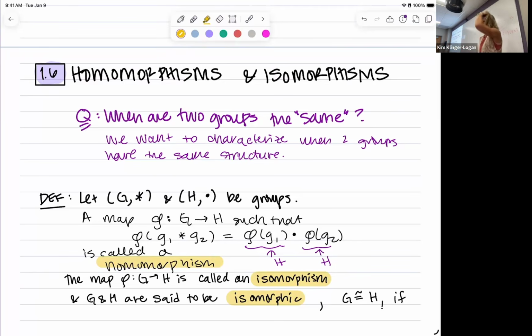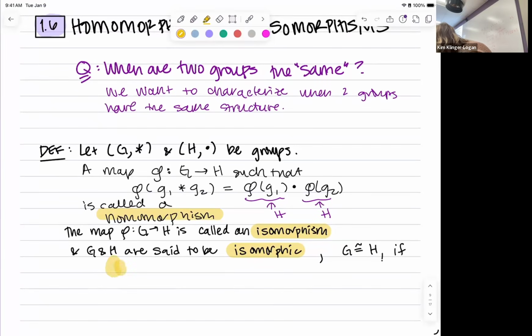Okay, and so this function is going to be an isomorphism if that homomorphism is also a bijection. So I'm just going to say: one, phi is a homomorphism, and two, phi is a bijection.